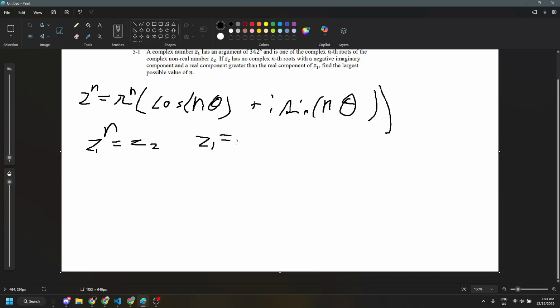So z1 is equal to r to the n times cosine of 342 plus r to the n i sine of 342. z2 has no complex nth roots with a negative imaginary component and a real component greater than the real component of z1. Find the largest possible value of n.